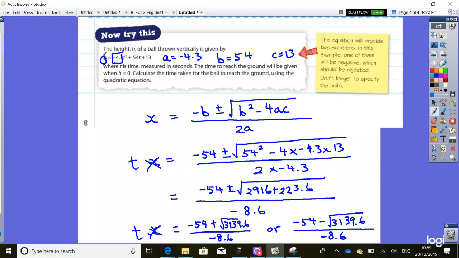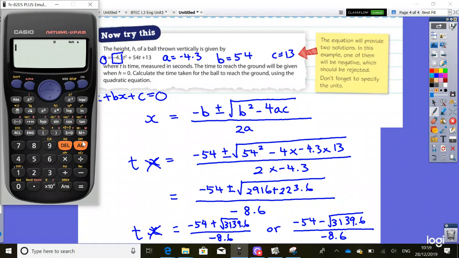If this wasn't equal to 0, you'd have to rearrange it so that the equation is equal to 0, because the quadratic formula applies only to ax squared plus bx plus c equal to 0. If this is not 0, then you can't apply it straight away.